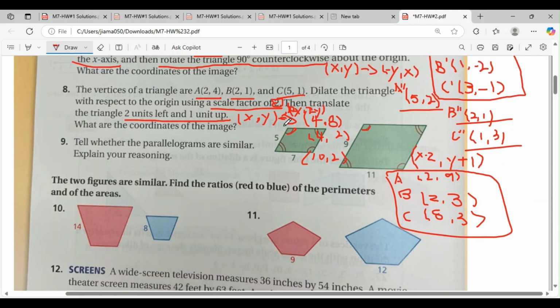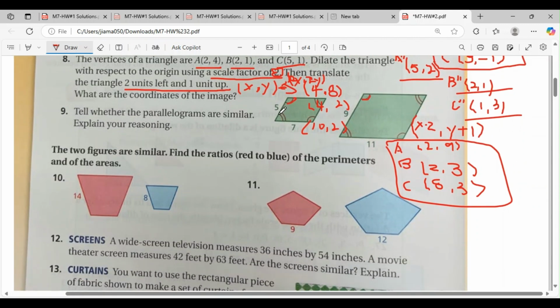If they're similar, this side will correspond to this side, and this side will correspond to this side.